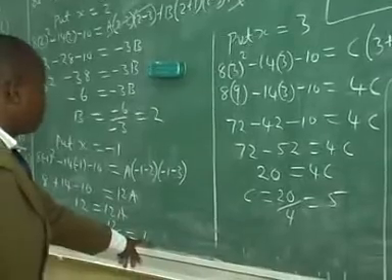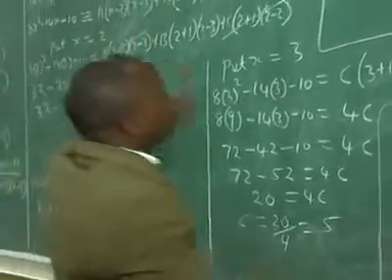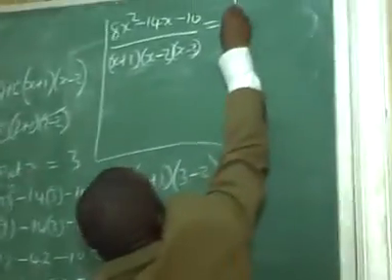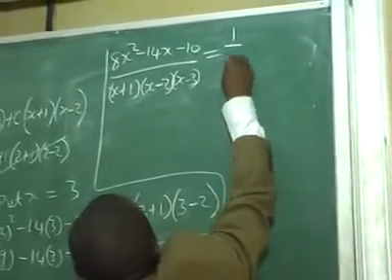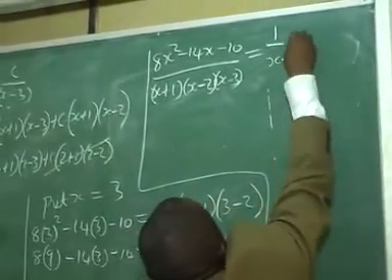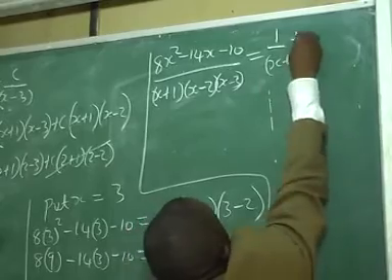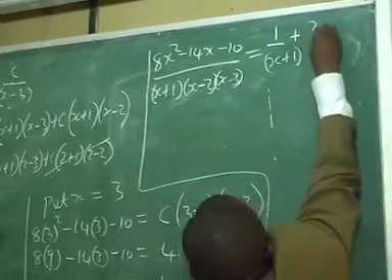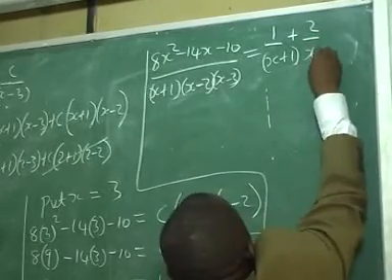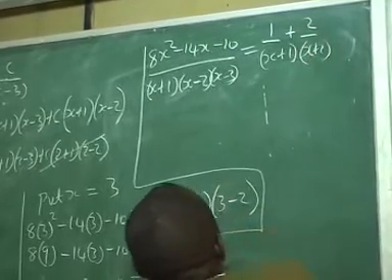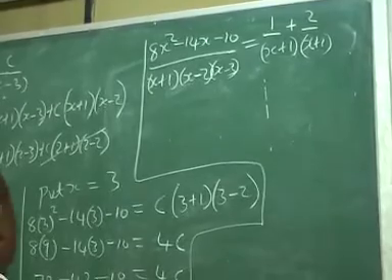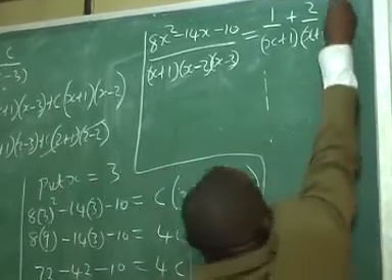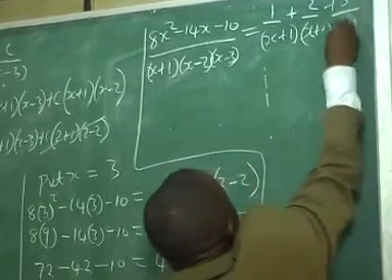A is 1 here, 1 all over x plus 1, plus b. Our b is 2, so 2 all over x minus 2. Then we also have c. C is 5, plus 5 all over x minus 3.